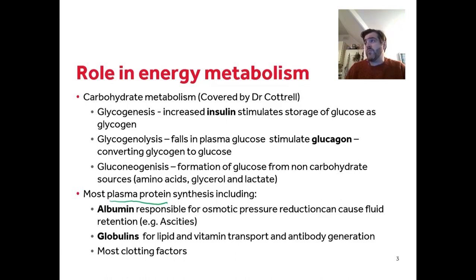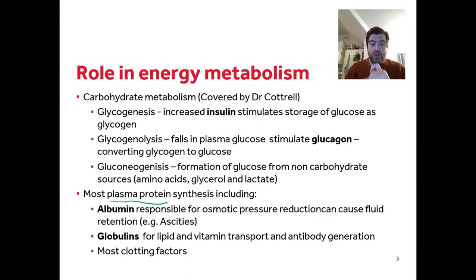Albumin is also a really important protein for binding of drugs, which we'll learn about more next year. Drugs binding to albumin can affect the levels of drugs and other circulating lipids, etc., in the blood.